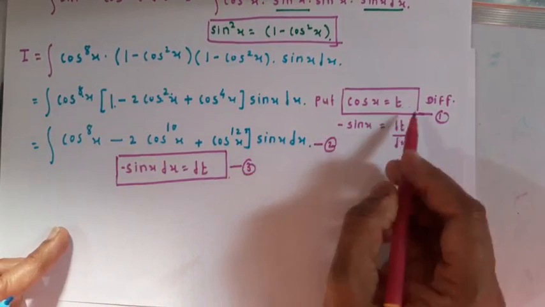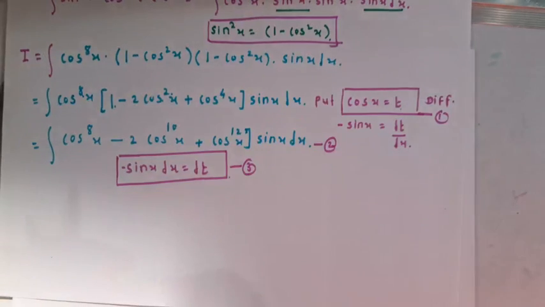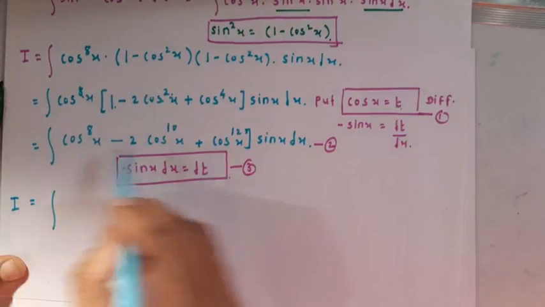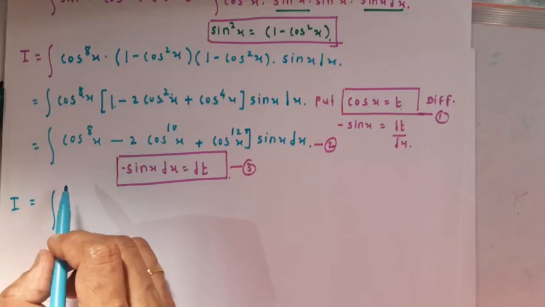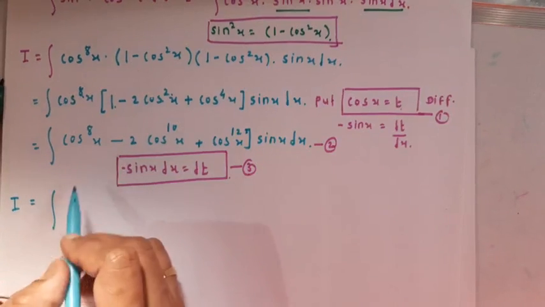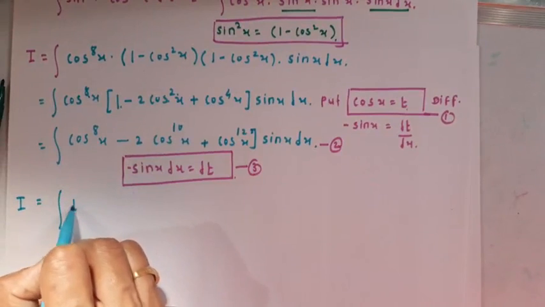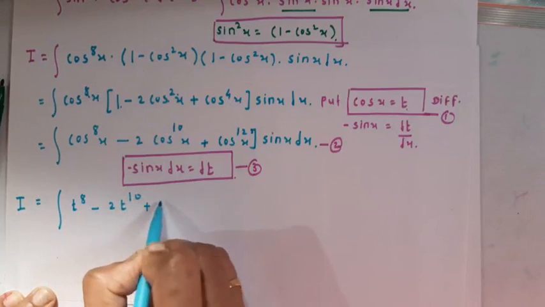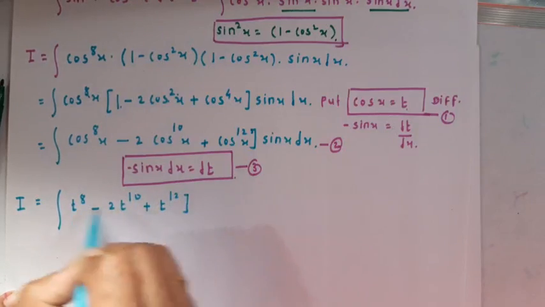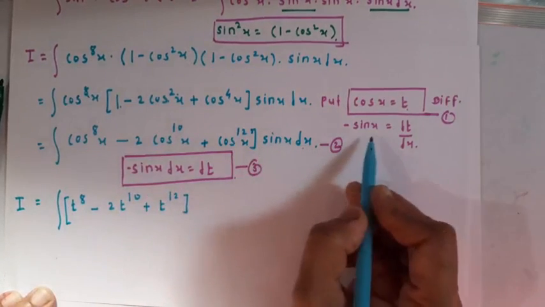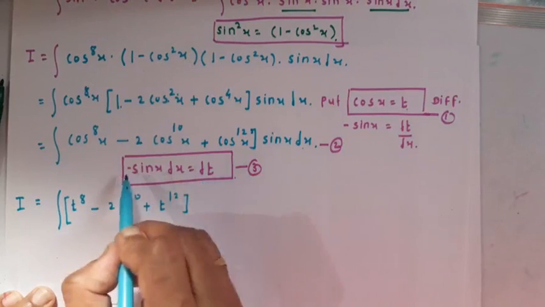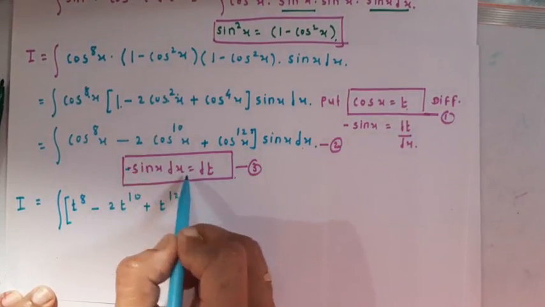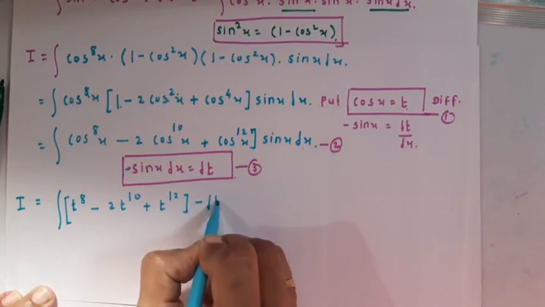Put the value of 1 and 3, we will get that integration I equal to, cos x is t, t raised to 8 minus 2 into t raised to 10 plus t raised to 12 and into sin x dx, and since minus sin x dx equal to dt, this implies sin x dx equal to minus dt.